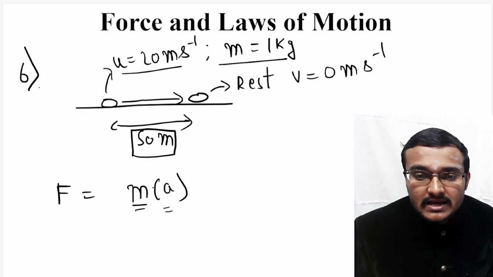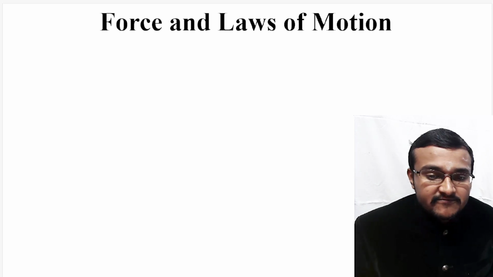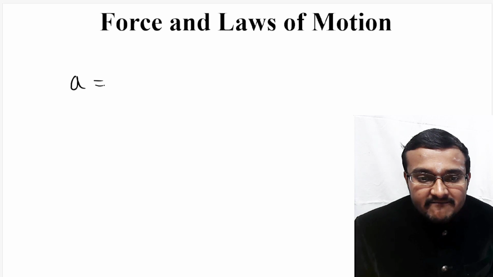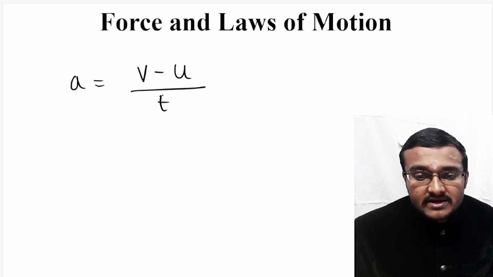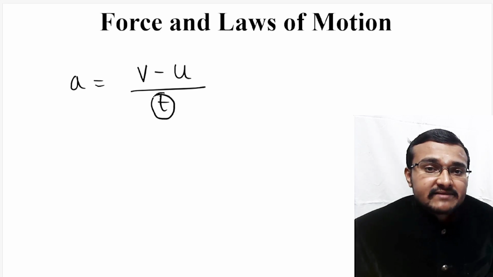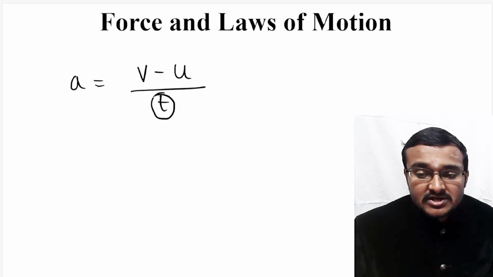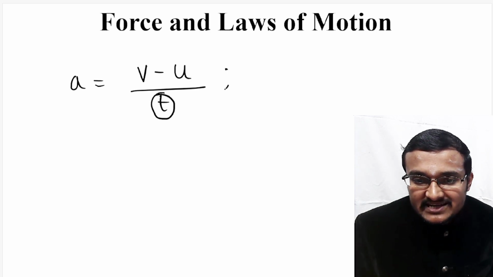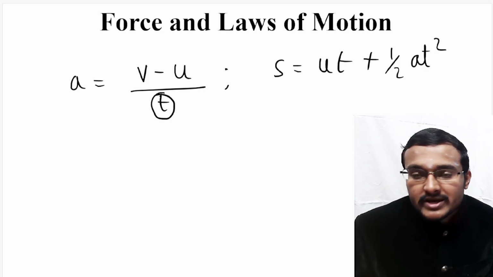We have mass, but we don't know the acceleration. In order to find the acceleration, we can use the first equation, that is v minus u divided by t. But here we don't know the time. They have not given time, but they have given the distance. So according to the second equation of motion, distance is equal to ut plus half at square.